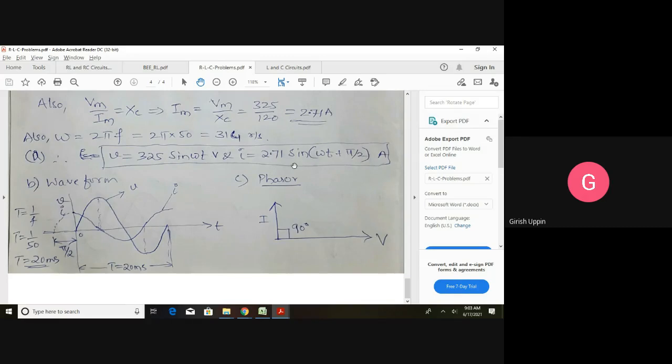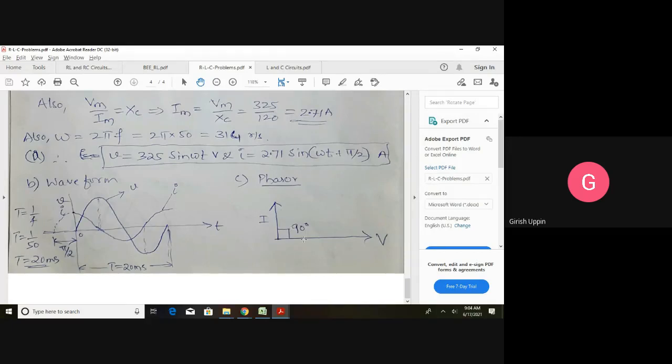It is 1. I is equal to 2.71 here. If I substitute omega t is equal to pi by 2, then I will get pi by 2 plus pi by 2, that is sine of pi. And we know that sine of pi is 0. So this current will become 0, and so on.